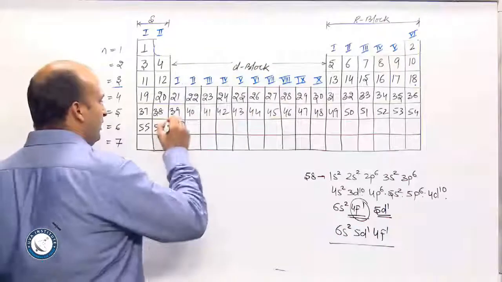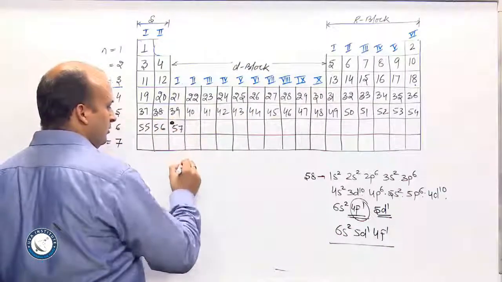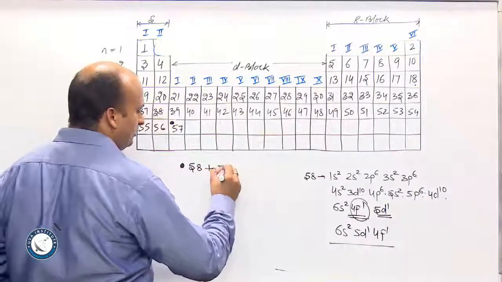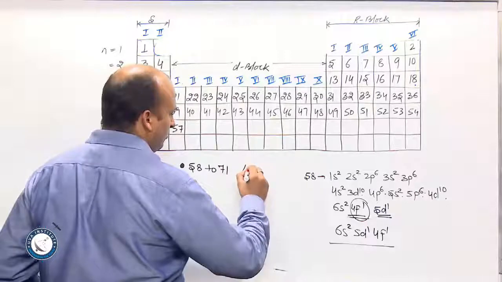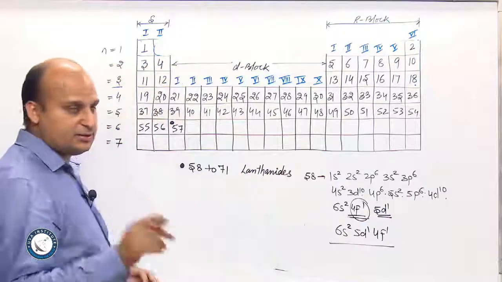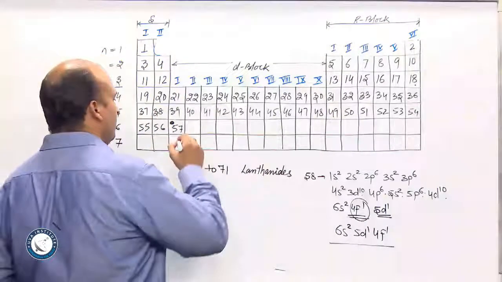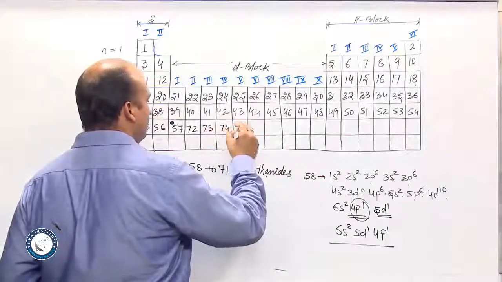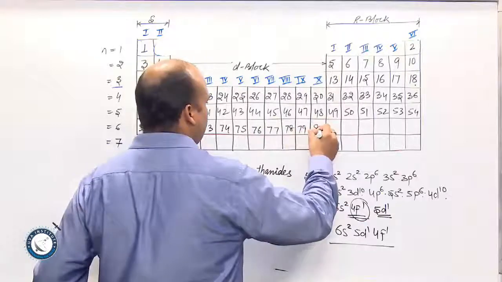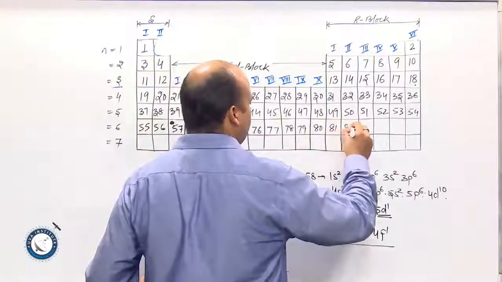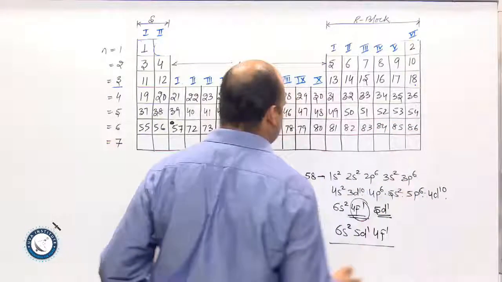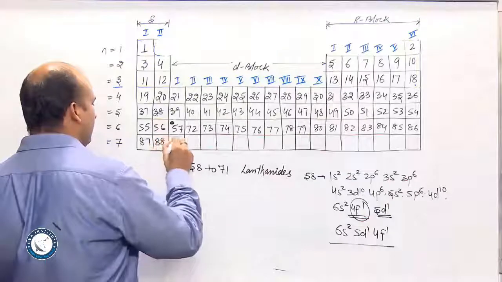So over here, 58 to 71, we have what we call lanthanides. This is an exception, please remember. So now this will be 72, 73, 74, 75, 76, 78, 79, 80, 81, 82, 83, 84, 85, 86, 87, 88, 89.